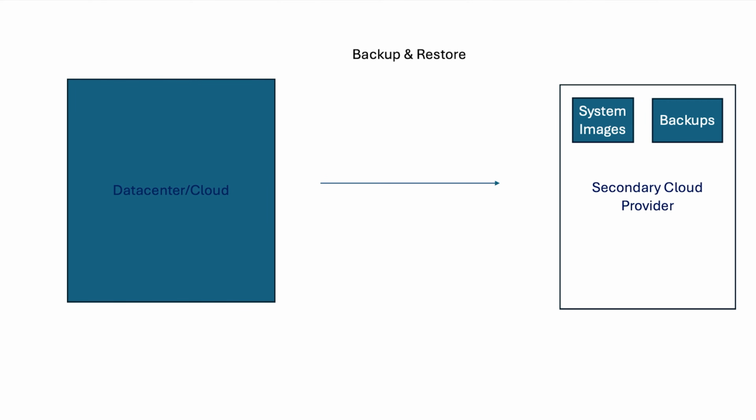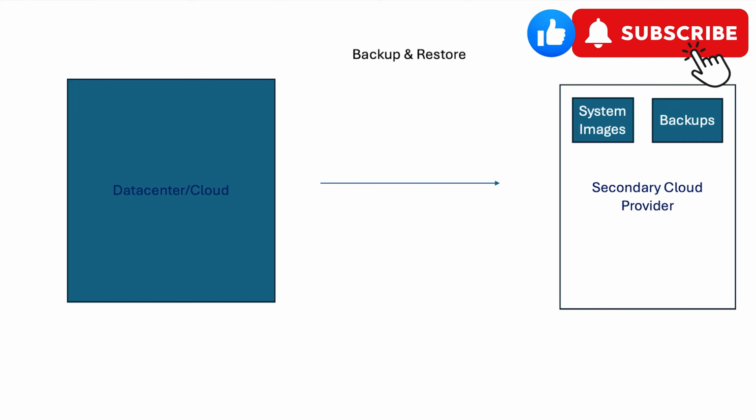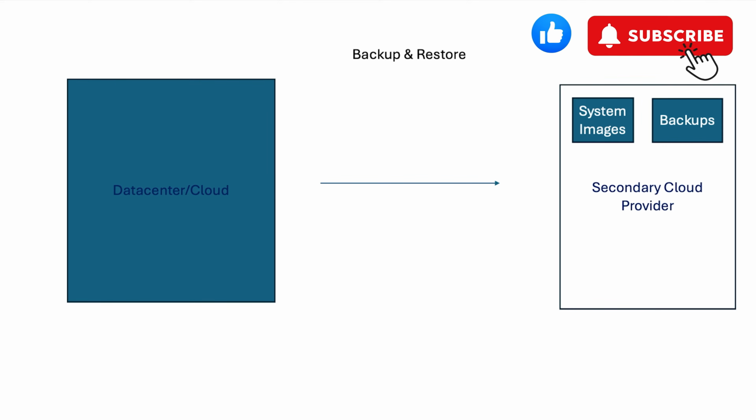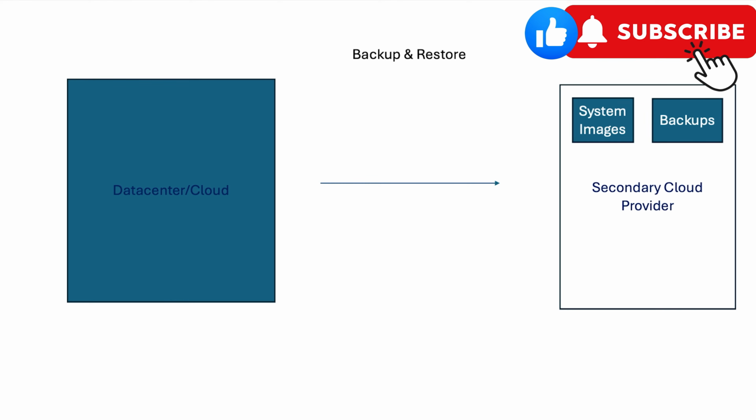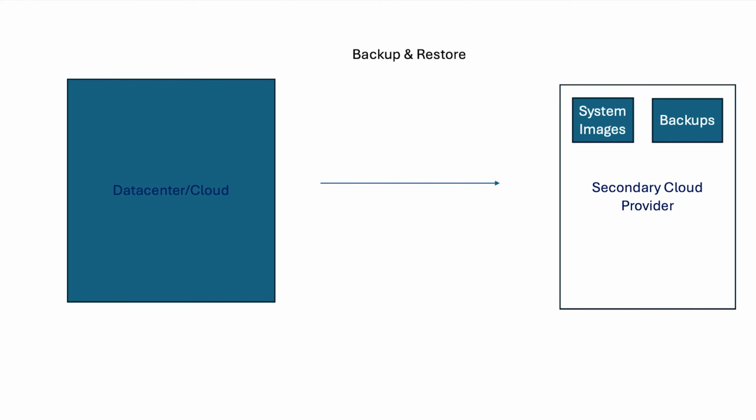Realistically speaking, you really don't want to back up your same cloud provider to another part of the same cloud provider, because if something big happens to that cloud provider, it could potentially affect all the regions and all of their availability zones. So backing up to the same cloud provider is a bit risky. So typically speaking, you should back up to another cloud provider if you're looking for high availability performance.